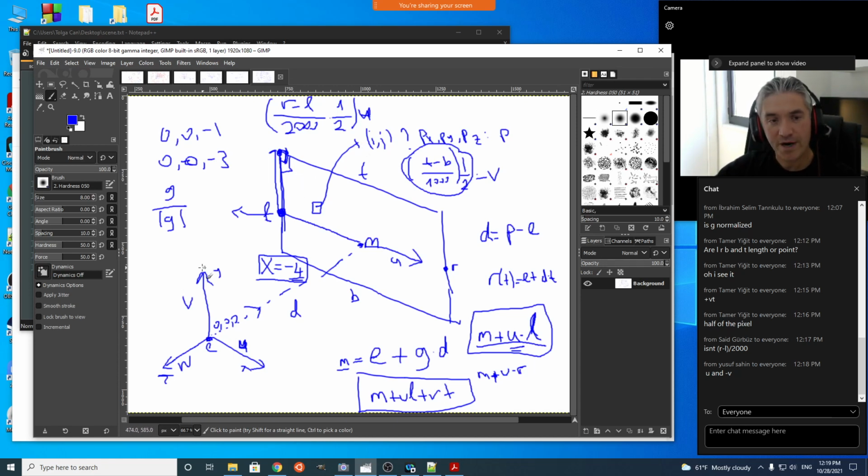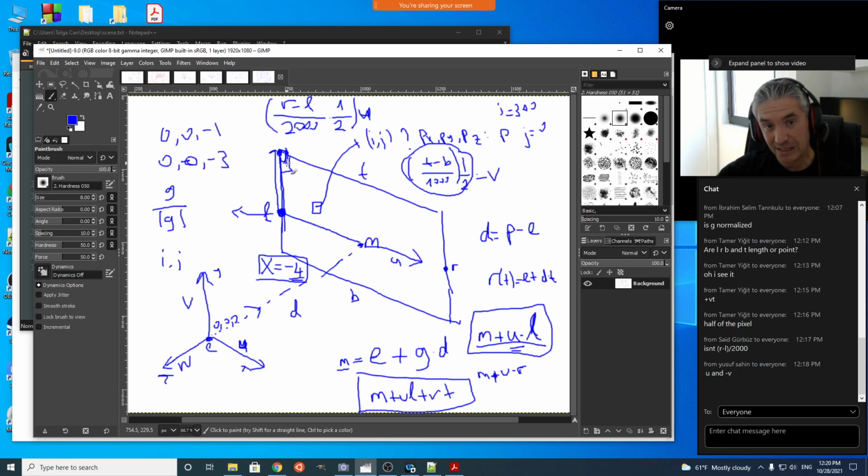Now, what about an arbitrary i, j? If you've got 0, 0, it's not difficult to go further. For example, what if i is equal to 300 and j is equal to 0? It means that you're in the first row. For pixel 0, you go half a pixel width.